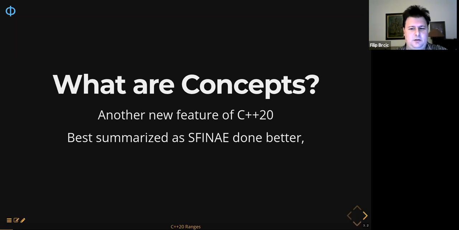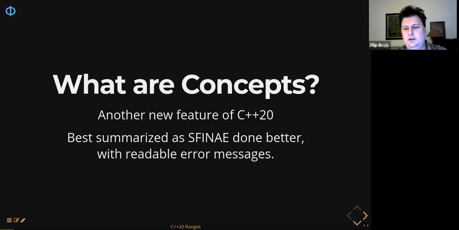Substitution failure is not an error is an excellent thing, but it's complicated to write, it's complicated to read, and it's complicated to read error messages that come out from such templated classes and functions. So concepts try to make that better and easier to use and easier to read if something goes wrong.